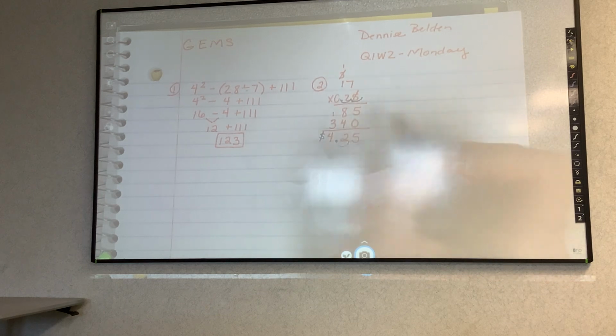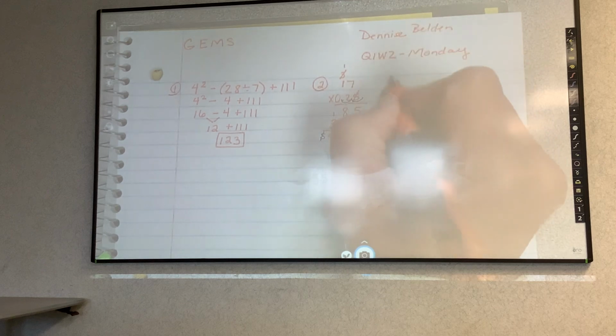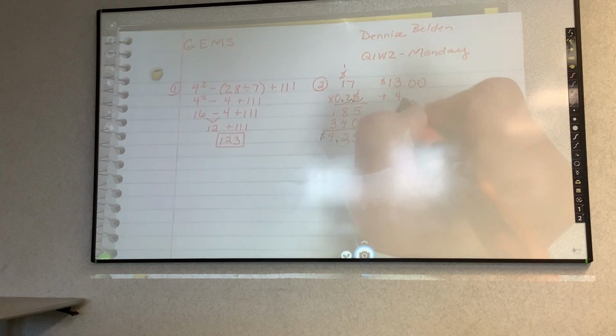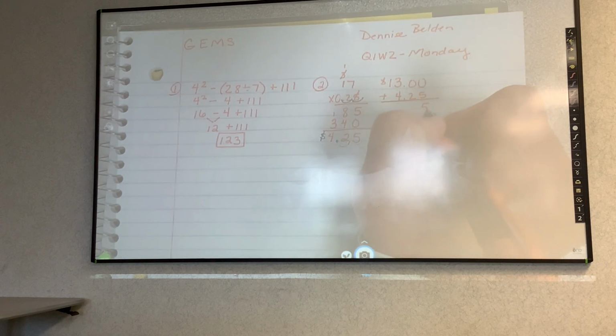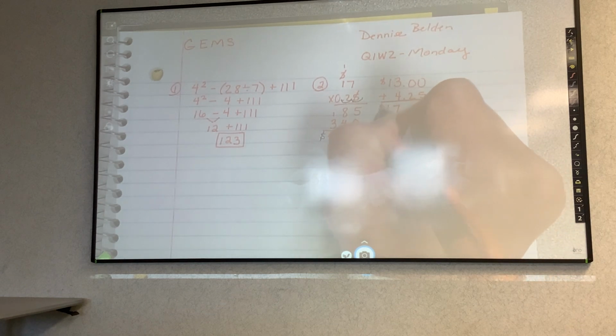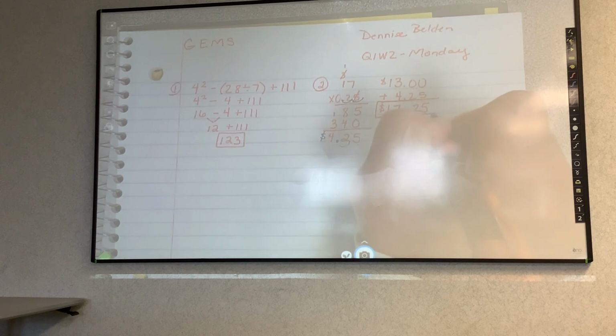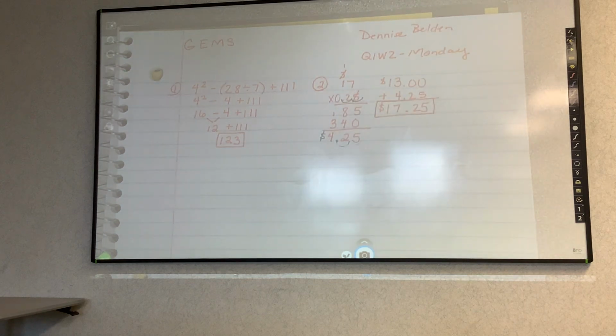So it's $4.25 in quarters, but then I need to add my $13 in bills plus my $4.25. Some of you can do this in your head, but I need to see it on the paper that you are adding those two numbers and box your answer.